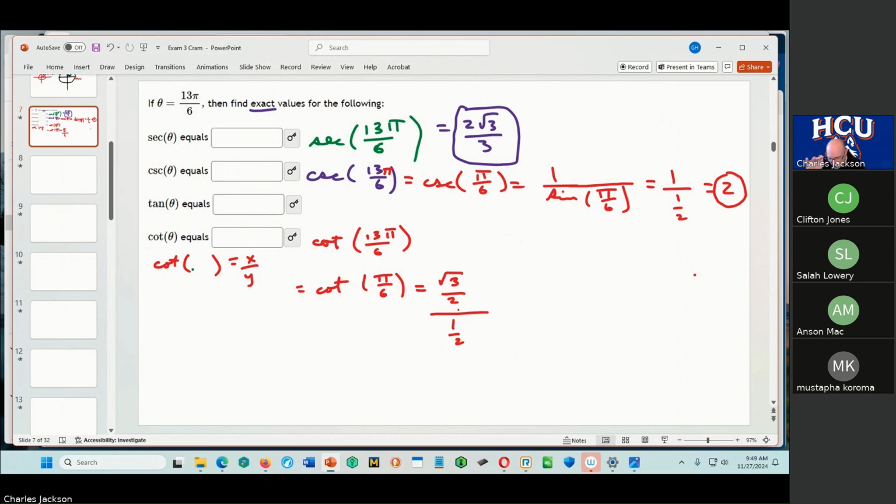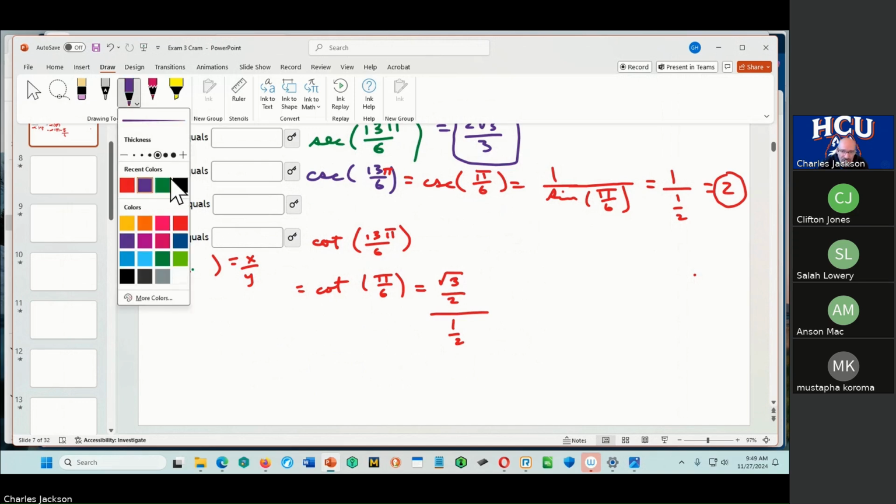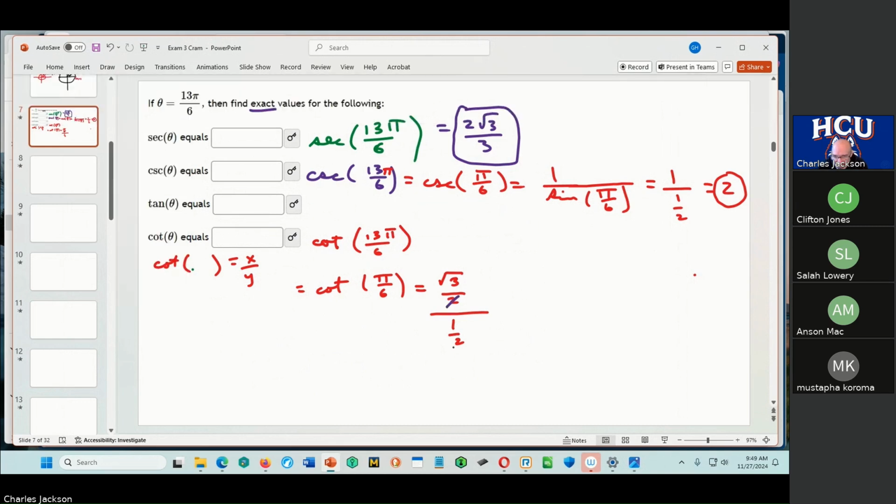The tan is y over x, and we just know that or memorize it. And cotangent equals x over y. We'll take a moment to think that through to make sure we've got that. Simplifying, I'm going to do this canceling move, which is the same thing as flip the bottom and multiply.